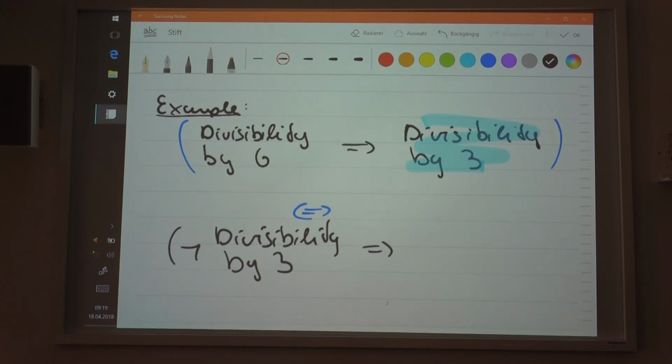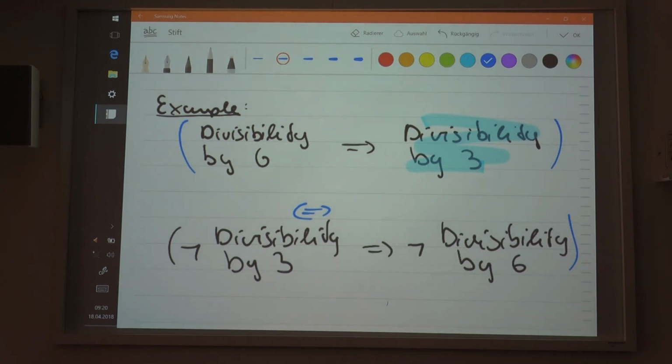So if a number is not divisible by 3, then it cannot be divisible by 6 either. You understand? Then the other statement is not true either, which is actually easier to show. You only have to find an example where you break this up.